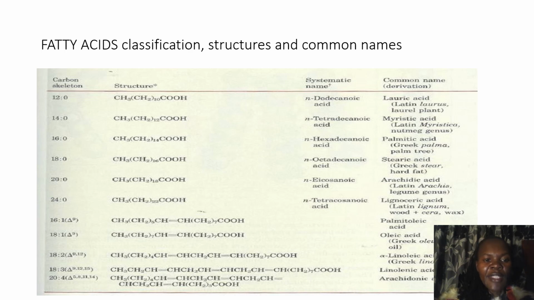Then you have 16 colon 1 delta 9. 16 carbons, 1 double bond at position 9. Then you have another one, 18 carbons, 1 double bond at position 9. So in that case, you have 16 colon 1 delta 9, you will have palmitoleic acid. The "oleic" is already added there, so it shows it is unsaturated.